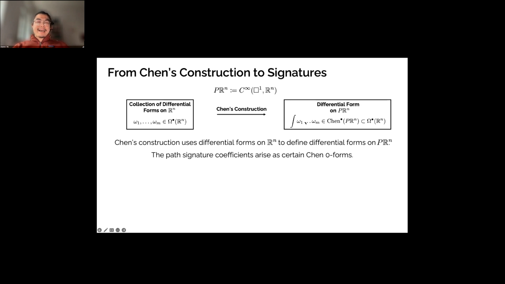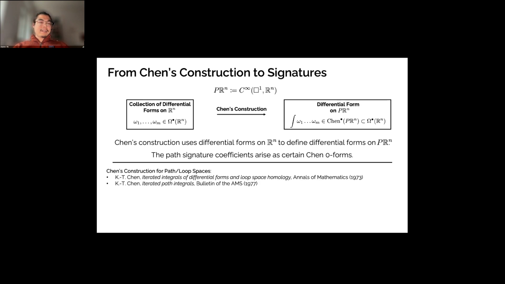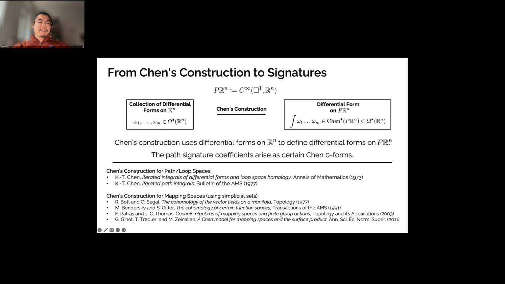So it turns out that these path signature terms arise as certain zero forms in Chen's construction. If we choose specific differential forms, we'll get a certain zero form out, and these are exactly the path signatures. Just to give some references, these are two references originally by Chen in the 70s that developed this theory.